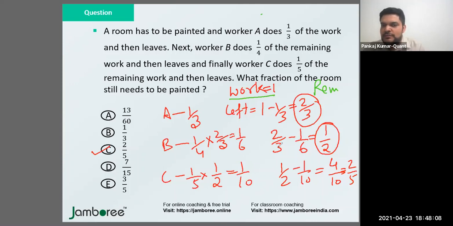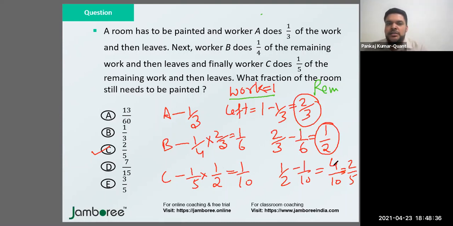From 2/3, I've subtracted what B has done, and I'm left with half. And after B, sorry, C does 1/5 of the remaining, 1/5 of 1/2, and that means 1/10. So from 1/2, I've subtracted what C has done, and I'm left with 2/5. That's exactly what has happened.